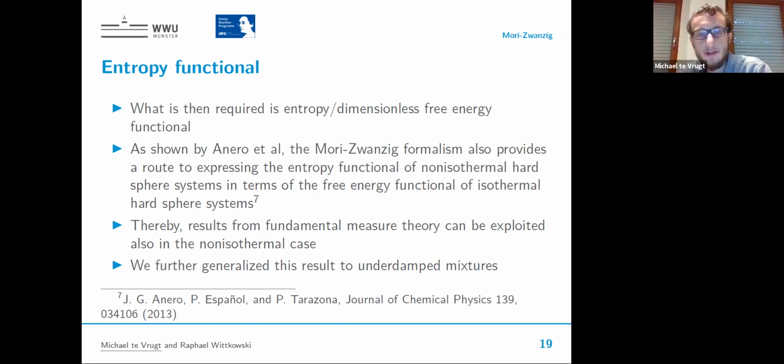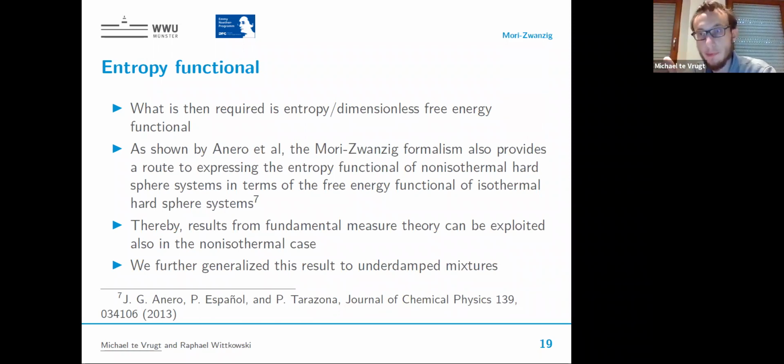In particular, if you consider the case of hard spheres, which was considered by Anero et al., you can derive an exact expression for the entropy functional of non-isothermal hard spheres, expressed in terms of the free energy functional of isothermal hard sphere systems.